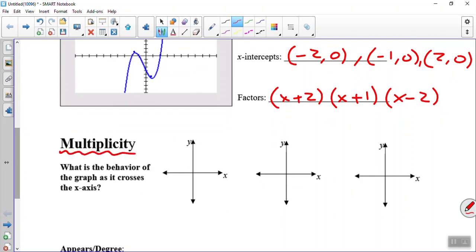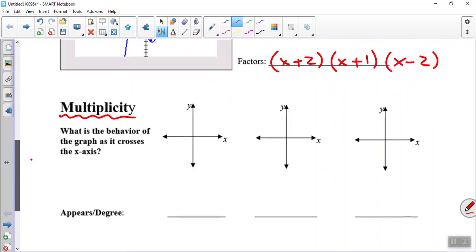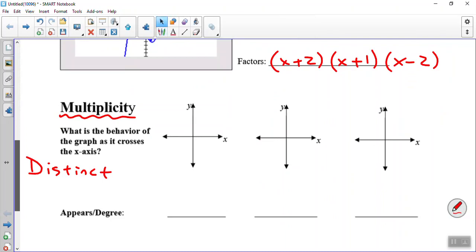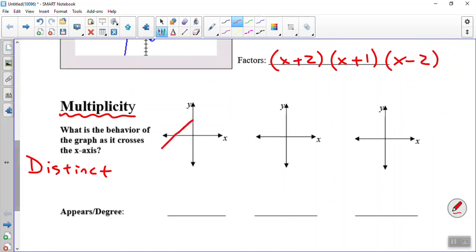As I mentioned before, we have distinct zeros. We've used this term before. A distinct zero is if you have the graph cross the x-axis at any point; that is one distinct zero. But let's say we have the graph just touch at one point, like that, or like this.